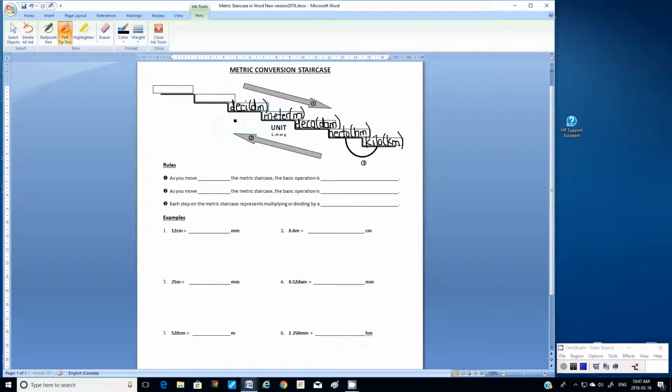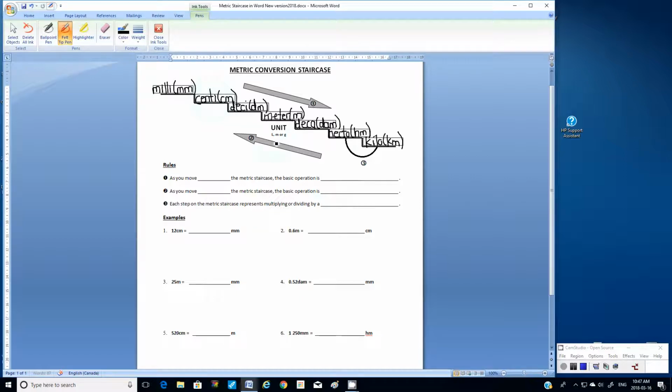The next one up on the metric staircase is one that we've used a lot, centimeter, and the symbol is CM. And then the smallest unit on the metric staircase is another one that we are very familiar with, and that is millimeter. Milli, and the symbol is MM for millimeter.